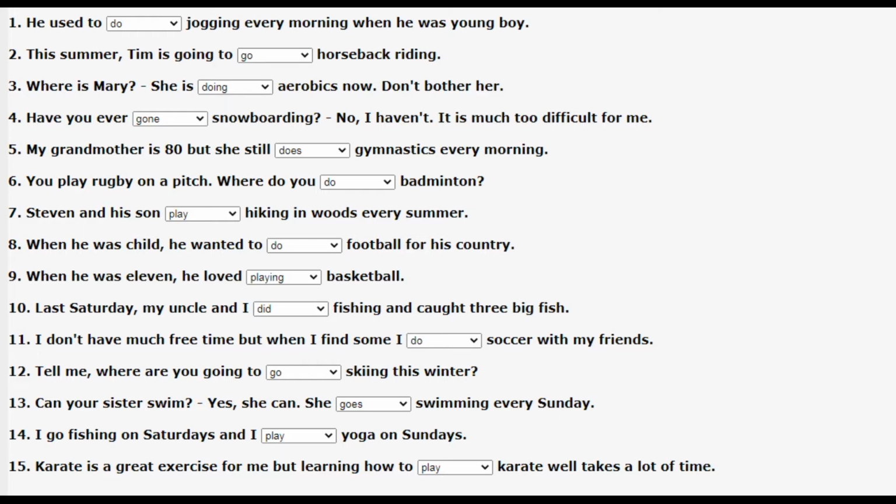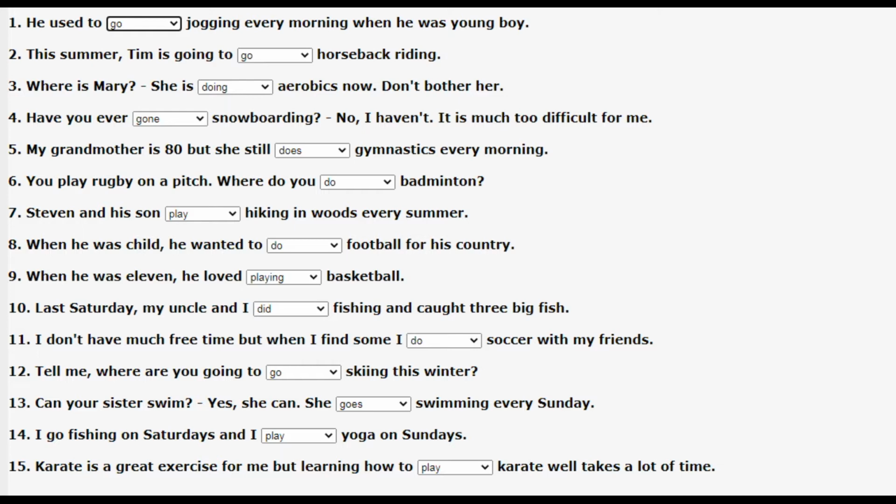So he used to do jogging, go jogging, or play jogging? Which verb is the correct one? Don't say I don't know, okay? If you did this exercise online, you checked your answer. So you say he used to go jogging. Remember, go plus the verb in the ing form.